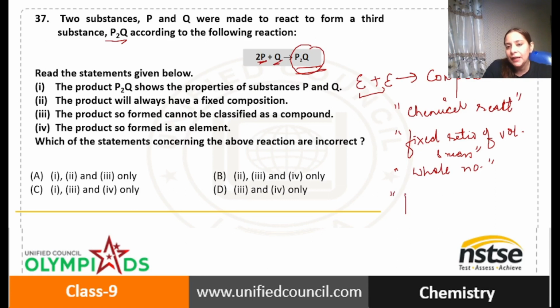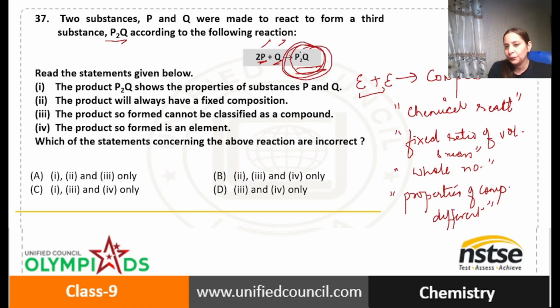The properties of compounds are entirely different or independent of the nature of the elements that combine to form the compound. These elements do not hold their identity in the compound. Because it involves a chemical reaction, it's a chemical change, so energy changes also take place. These are a few characteristics of a compound.